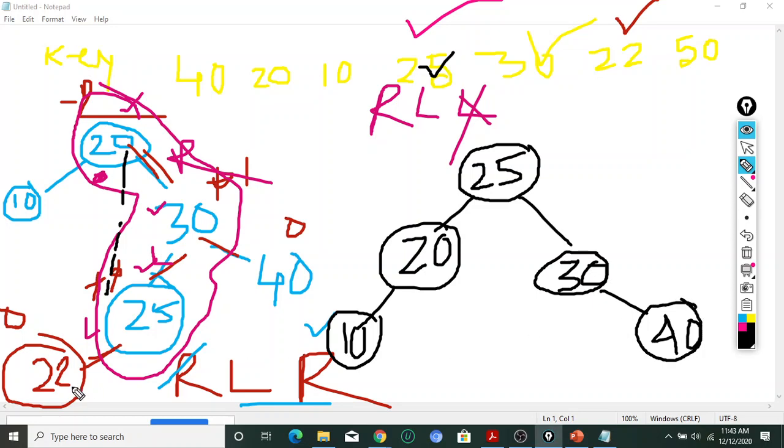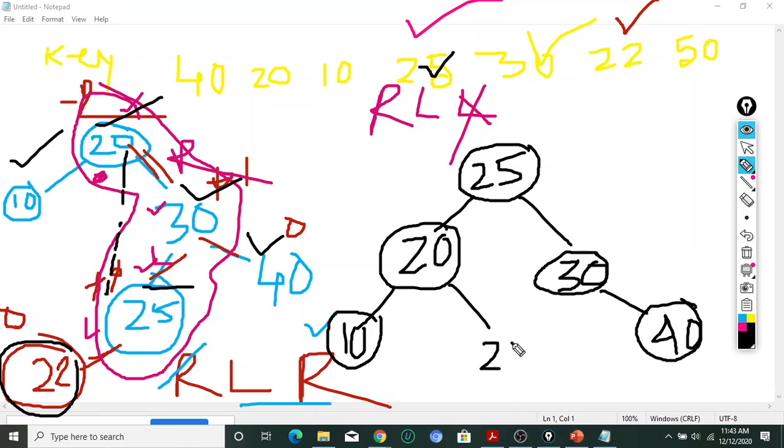And what is the left child of 22? 22 is the left child of 25. So whether it will be placed on the right hand side or left hand side? What about the 22? This node is complete. The 10, 20, 30, 40 and 25 is complete. But what about the 22? Because 22 is the left child of 25, this is the first place.